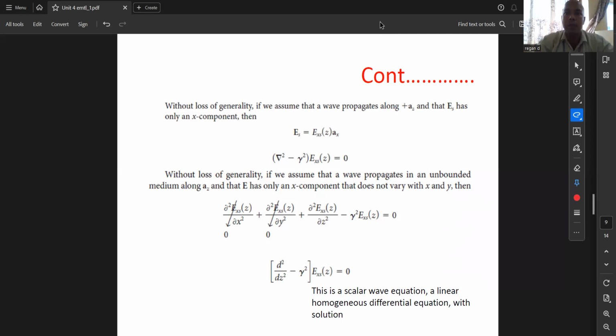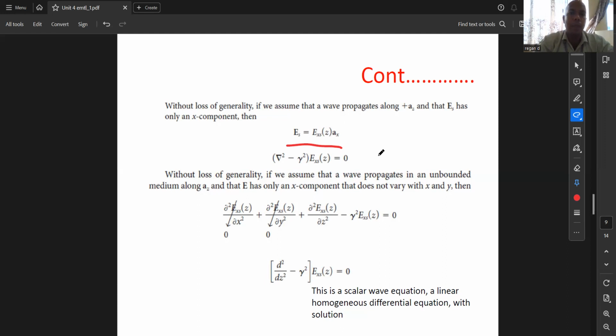Now we can write the electric field, which is in the z direction and has only an x component. That means it does not vary in x and y directions, only in the z direction. So the medium is an unbounded medium along the z direction.